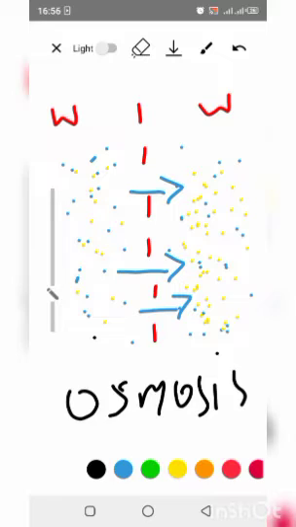Whenever we have an imbalance in the number of sugar molecules across a selective permeable membrane, water molecules move from the region of lower solute concentration to a region of higher solute concentration. This process is called osmosis. This is where it differs from diffusion. Diffusion usually involves particles moving from a region of higher concentration of the same particles to a region of lower concentration.